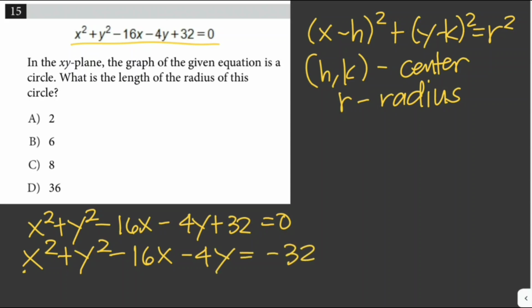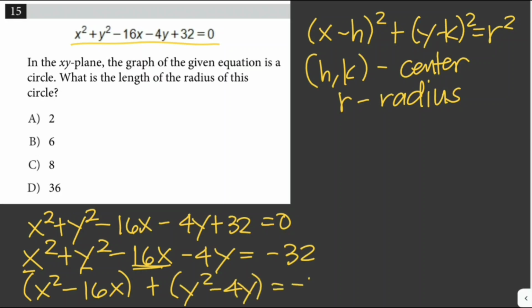Now we can group x squared and negative 16x, and y squared and negative 4y. So that would be x squared minus 16x plus y squared minus 4y equals negative 32.